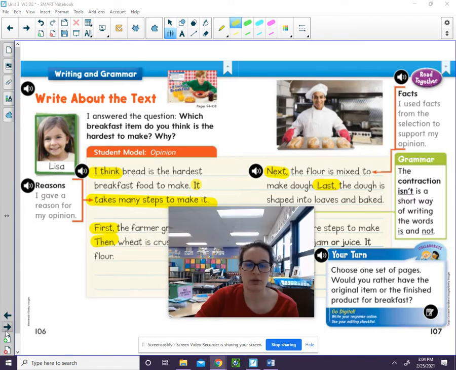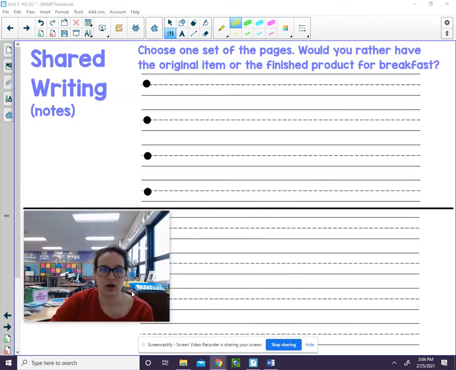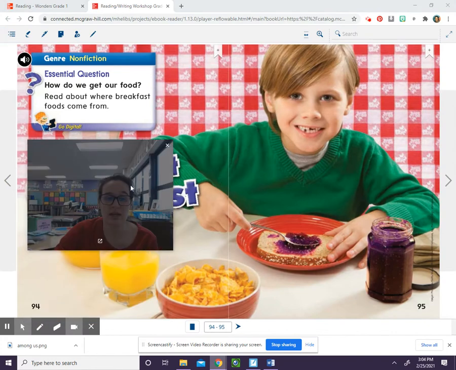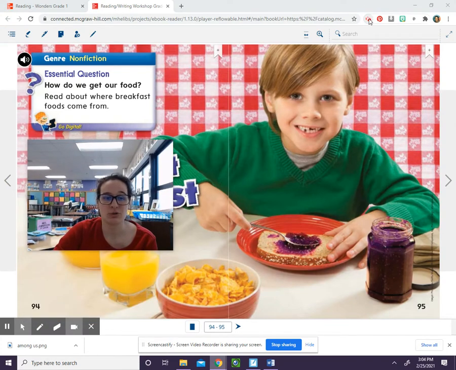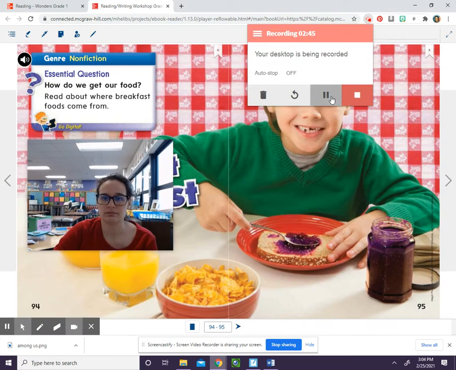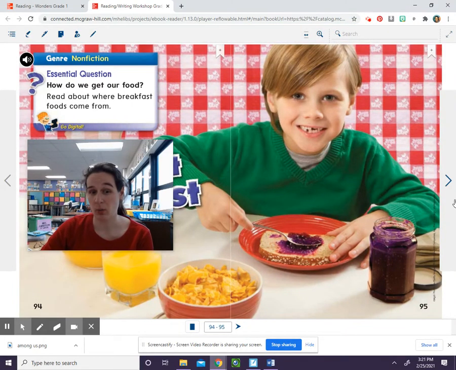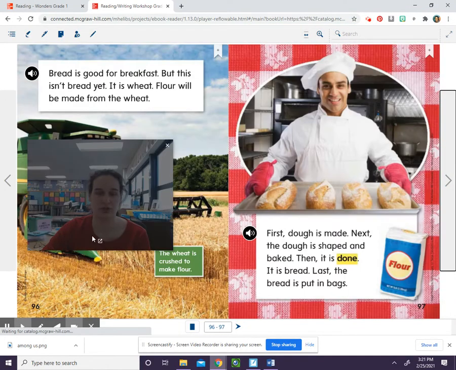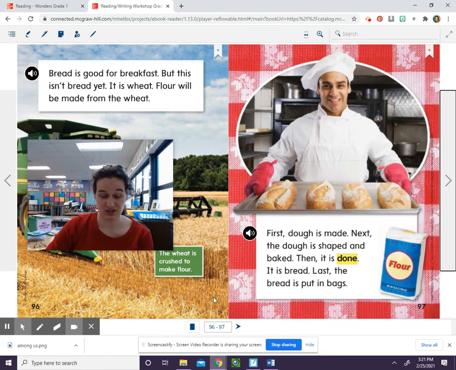Let's take a look at the prompt we are going to respond to. Our prompt says, choose one set of the pages. Would you rather have the original item or the finished product for breakfast? Well, let's go ahead and look back in the story and decide which of these we would prefer to write about. So we're going to look at what item we want to pick to describe.